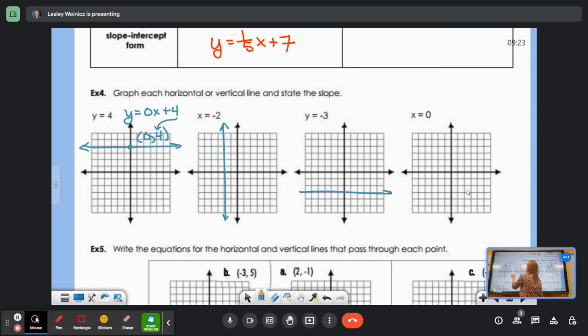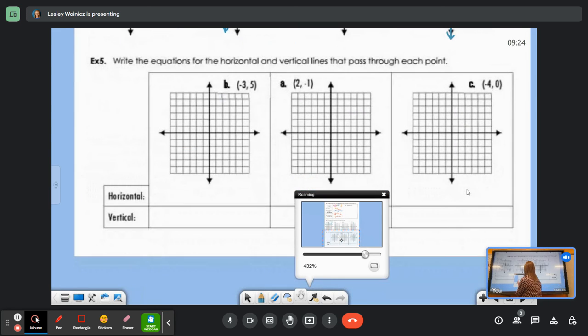Horizontal. All right, last one. Vertical. It's just the y-axis. Did you guys know that x equals 0 is another name for the y-axis? It's true. What do you think another name for the x-axis is? Y equals 0. Yes, y equals 0.